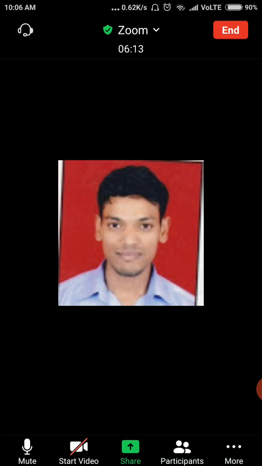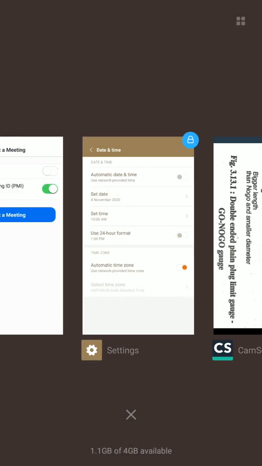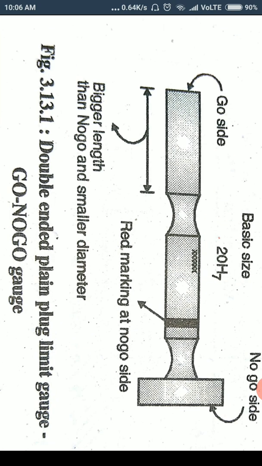So let's see. These are the limit gauges, the go and no-go gauges, most commonly used for checking manufactured parts, whether they are within the specified limit or not.